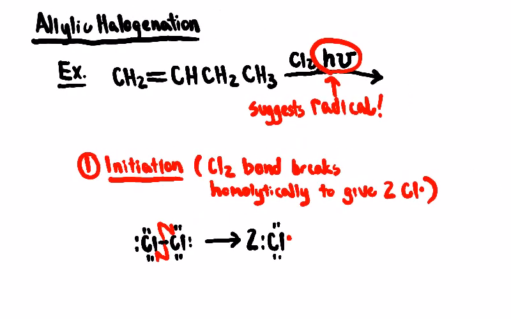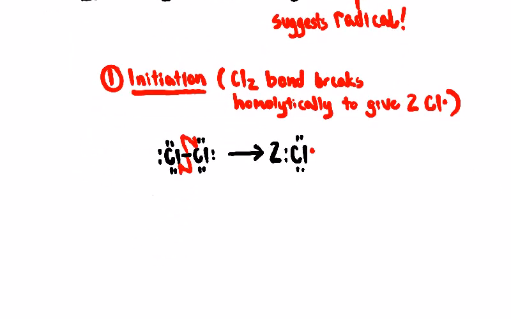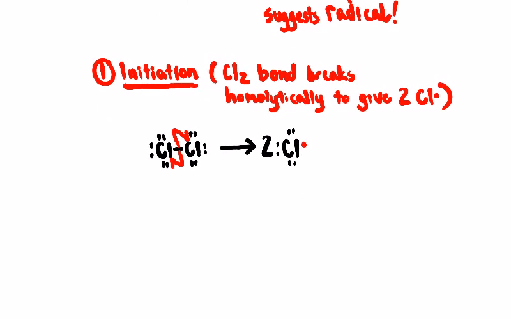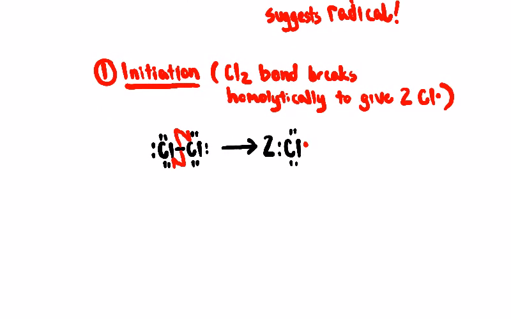So continuing onward from the initiation step, the chlorine radical is relatively unstable, and so they're going to participate in the next step of the mechanism where they are looking for an atom to attack. And this second step we would classify as a propagation step.